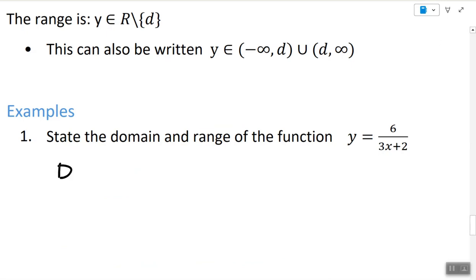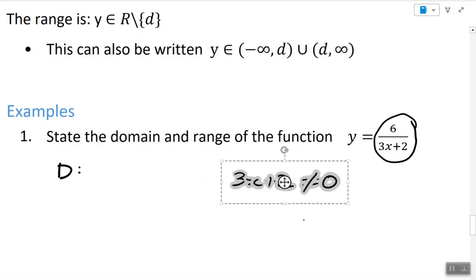So we're trying to figure out the domain of, so we're trying to figure out the X values. So in this here, what can not equal 0? The bottom of a fraction cannot equal 0. The bottom of a fraction cannot equal 0. Because 6 divided by 0 is impossible.